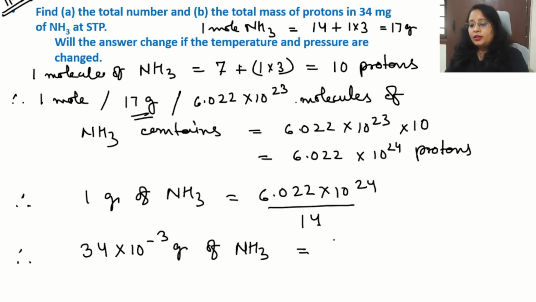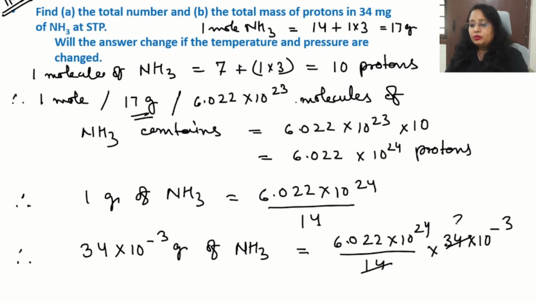It will contain 6.022 into 10 to the power 24 divided by 17 and multiplied by 34 into 10 to the power minus 3. We'll multiply and we'll get the answer in 34 into 10 to the power minus 3 gram of NH3.